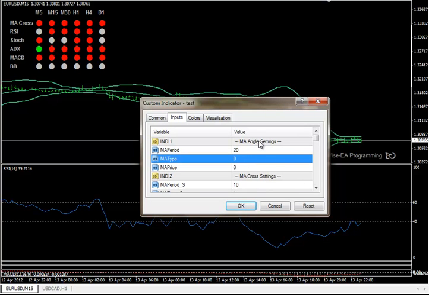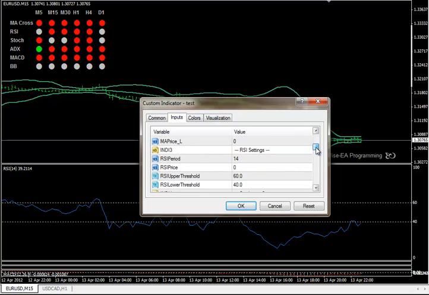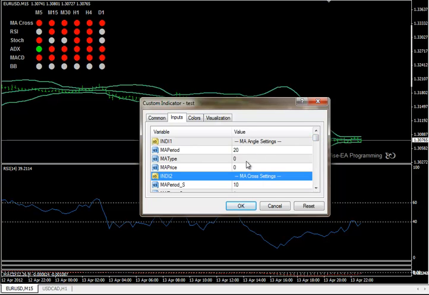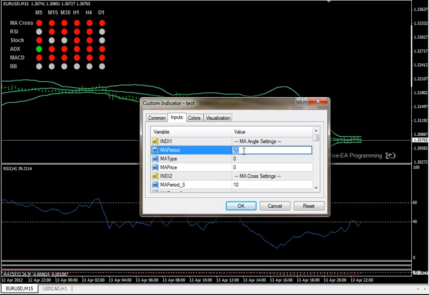For any of those analysis, we have 7: MA angle, MA cross, RSI, stochastic, ADX, MACD, and BB. For any of those, if you don't want to display them, simply put 0 on the first variable under the description here.